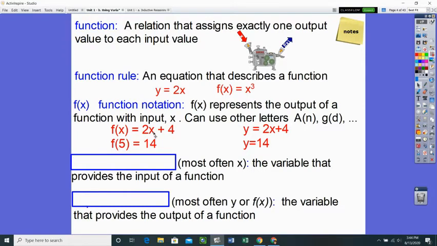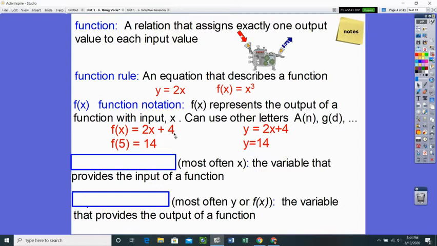So if I put 5 in for x, 2 times 5 would be 10, add 4 would be 14. So when 5 went in, 14 came out. You can see what went in, and you can see what went out. Now over here, it's the same function rule. And notice if I have the y as my final answer, I can't see what went in. I have to kind of think about it. Over here, 5 went in, 14 came out. So function notation has more description to it.